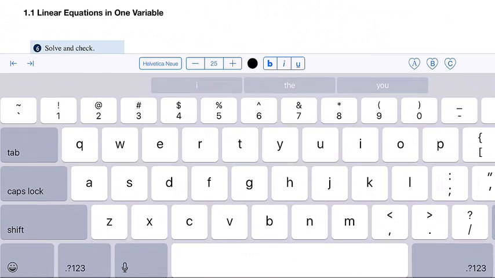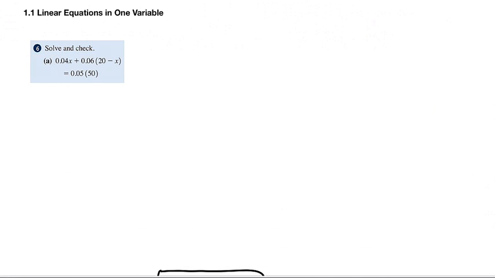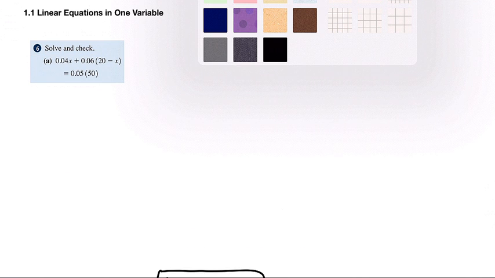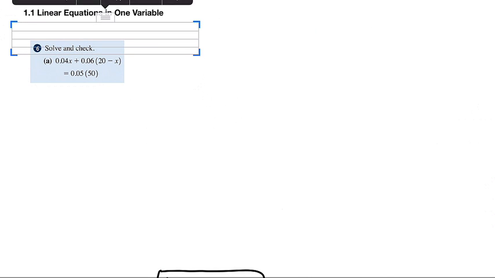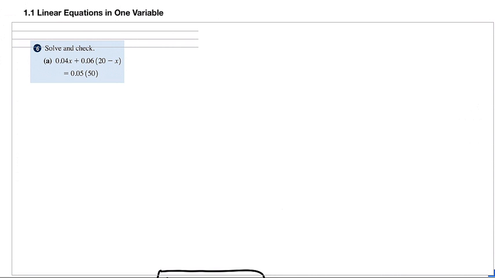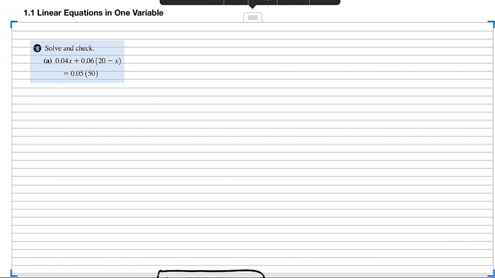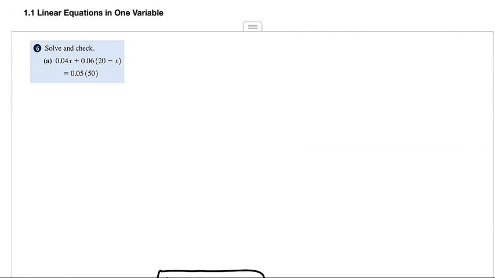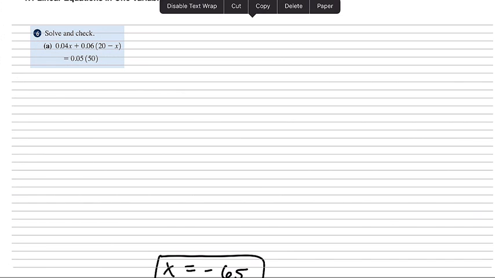Okay, in this next example, it says solve and check. So let's call up our paper like before. Okay, so if we're doing A, I'm going to rewrite.